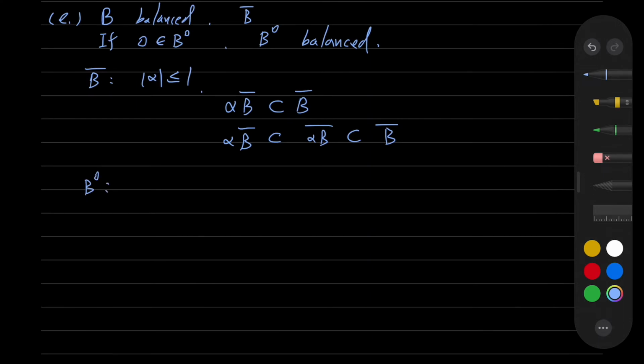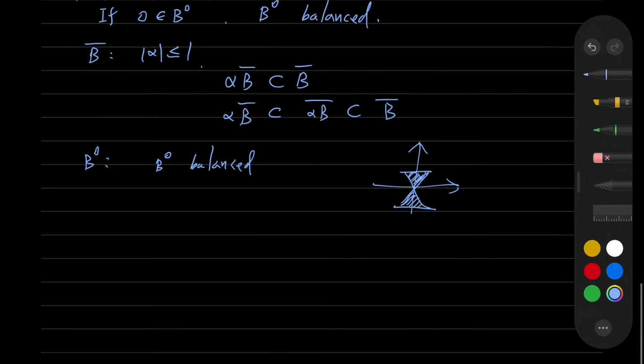So the interior part. As we can see, if B is an arbitrary balanced set, it is possible for it to not contain 0. You just take an easy example, something like that. Then if you take the interior of this set, it will not contain the origin, so you have to assume it.